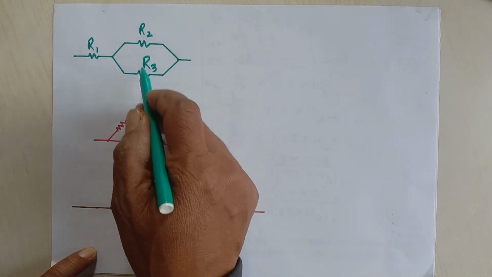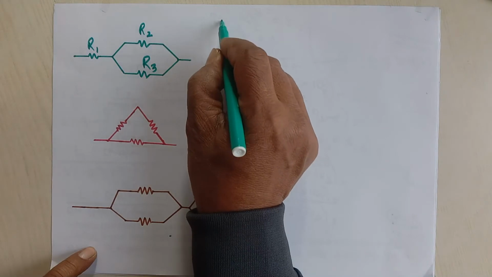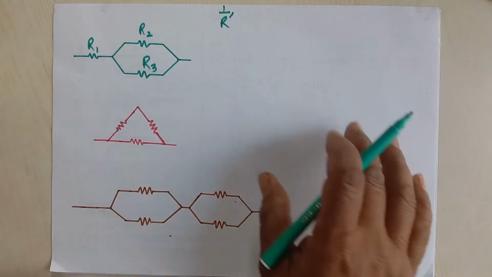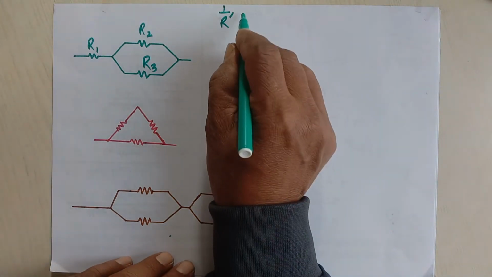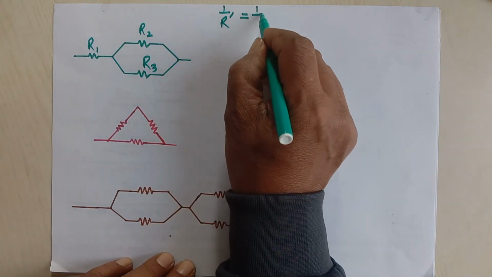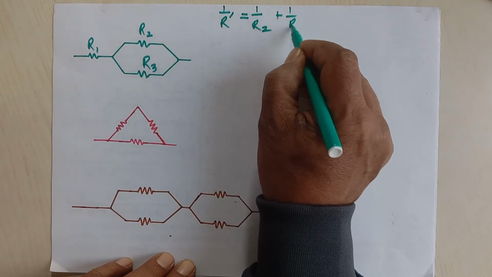First, we have to be very clear that these two are in parallel. That's why, if we calculate R dash, then 1 by R dash, in parallel combination, the reciprocal of the total resistance is equal to the sum of the reciprocals of individual resistances: 1 by R dash equals 1 by R2 plus 1 by R3.